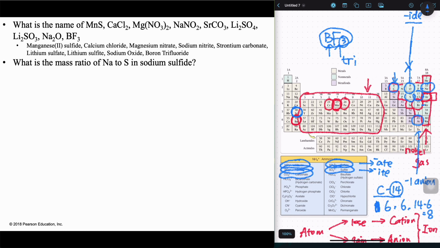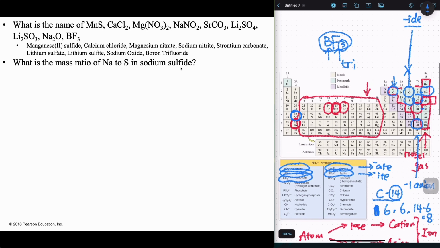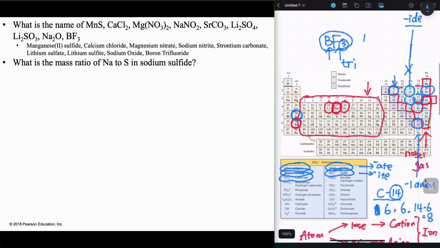The last question in this section. What is the mass ratio of sodium to sulfur in sodium sulfide? In sodium sulfide, sodium has a characteristic charge of +1. Sulfide has a characteristic charge of -2.